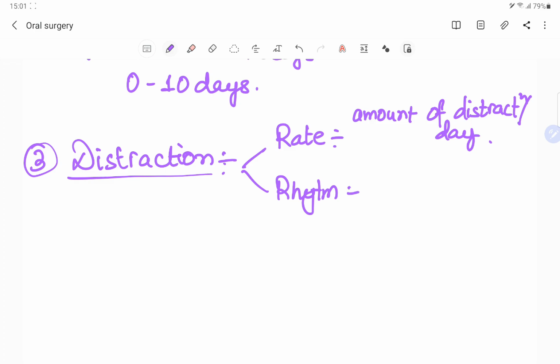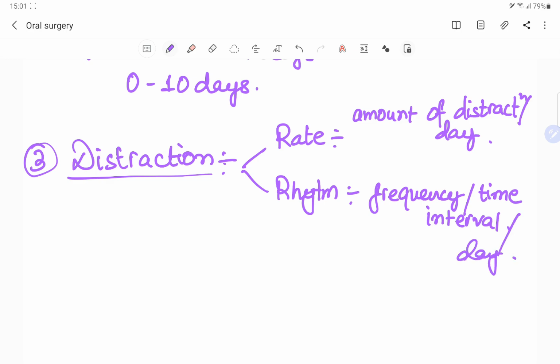So, that is the frequency or the time interval. We are doing it in a day, that is known as the rhythm per day, right.